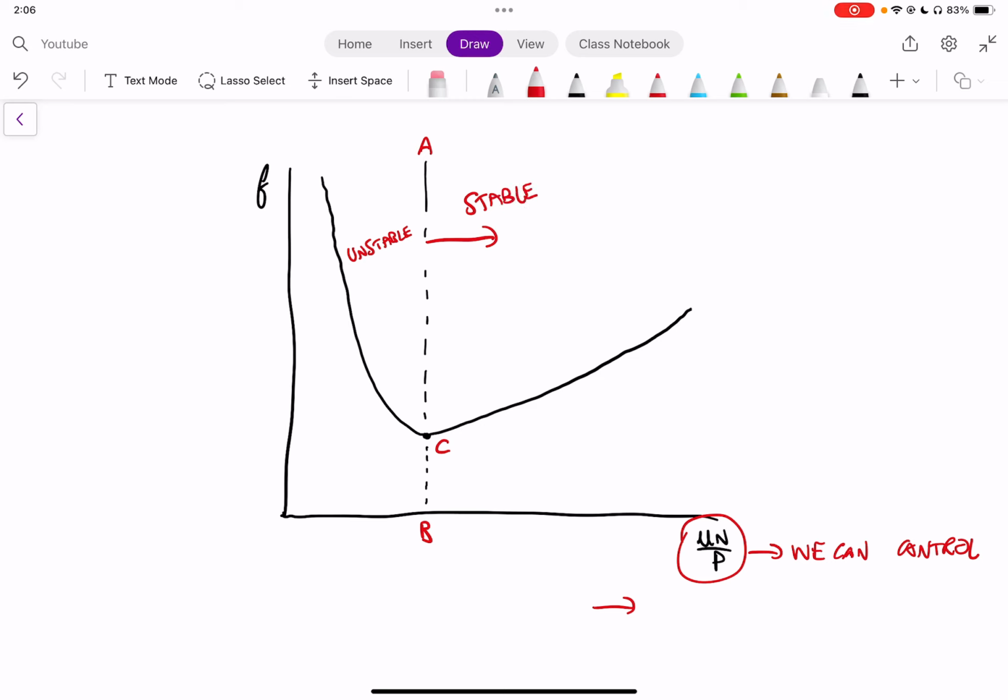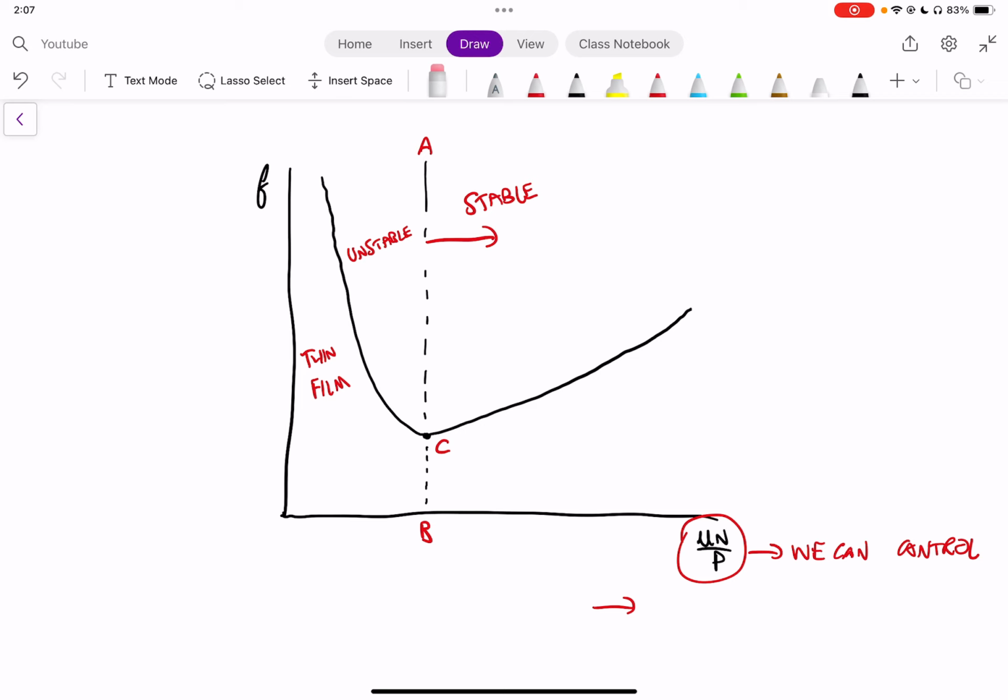In other words, here we have thin film lubrication, meaning that our viscosity multiplied by n over p is too low. So usually our viscosity is too low and we end up having metal-to-metal contact and very unpredictable friction. If you change your mu n over p very slightly, it's going to increase your friction a lot.